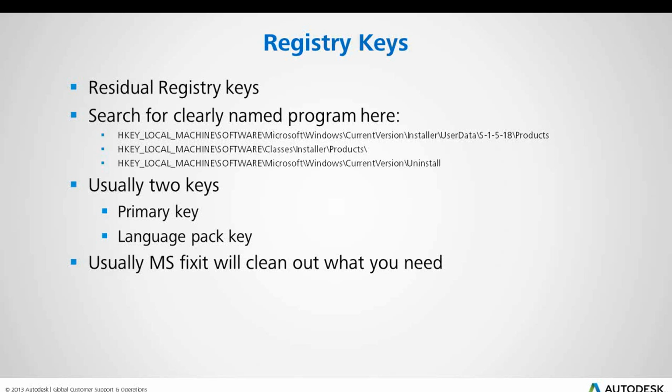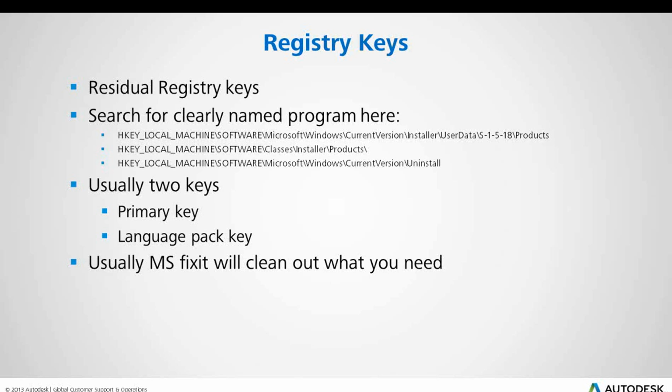But usually the registry keys that it's looking for are going to be under those 3 locations there. So it's all under HKEY_LOCAL_MACHINE and Software, and then there's stuff under Microsoft, Windows, CurrentVersion, Installer, UserData, and so on. So it gets pretty complicated pretty quick, trying to dig down to the exact right spot where you need to be to get these keys cleared out.